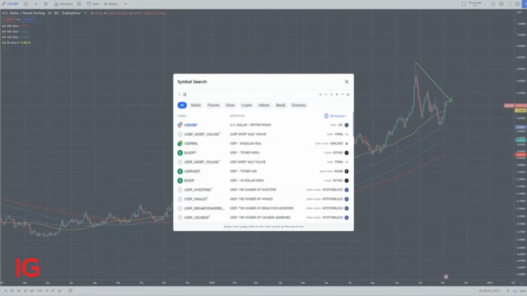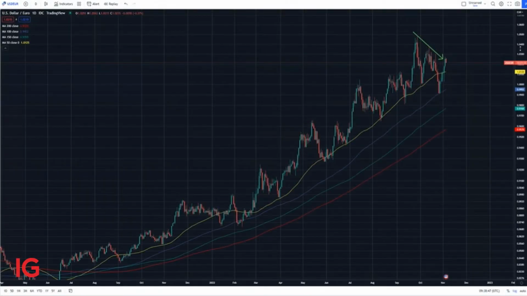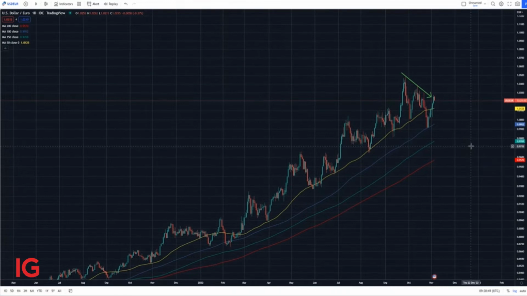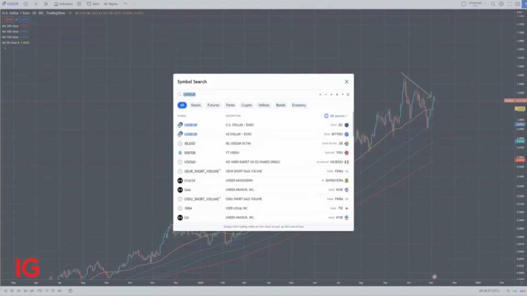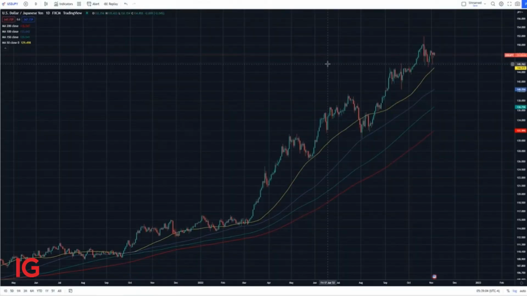It's also true for the euro versus the dollar. So again, this is not the inverse quotation. So the dollar getting weaker versus the euro. You can also see it if you look at yen marginally, and we talked about this last time.